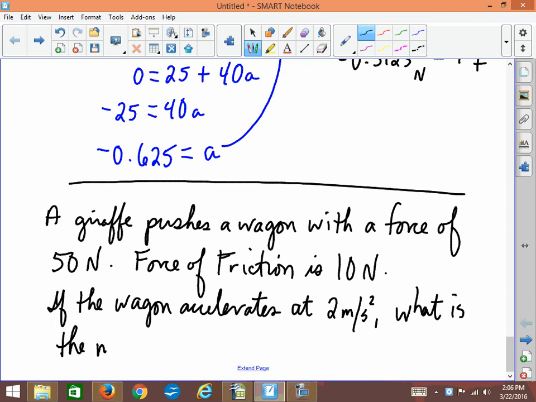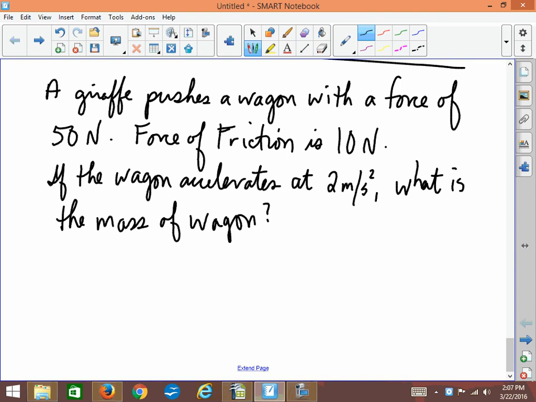So you can see that in each example I'm looking for something different, but it doesn't matter. We don't even care what we're looking for. We don't even think about that. When we go to solve the problem, we just follow the procedure.